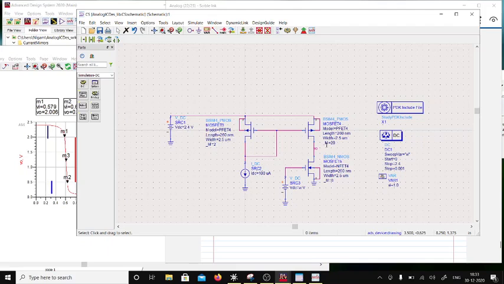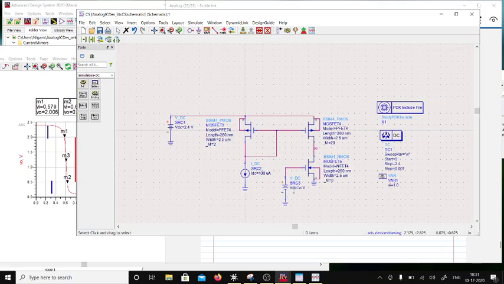Now what AC simulation does is it linearizes these devices irrespective of the supply. And once you linearize, even if you give a 1 volt input, the output will be 1000 volts irrespective of what the supply is. The circuit has been linearized, that's why it is giving a 1000 volt output.